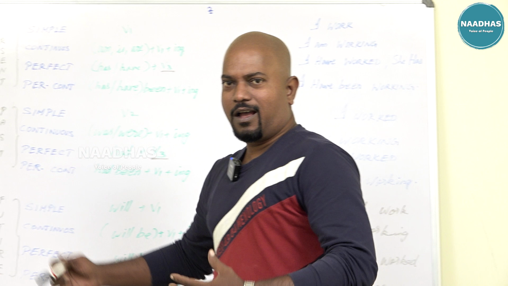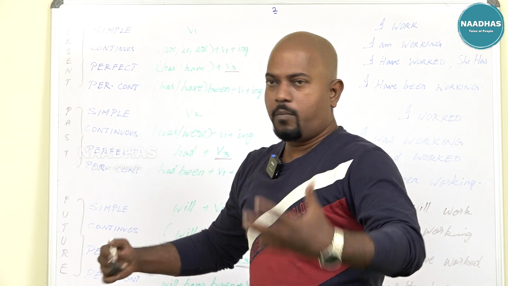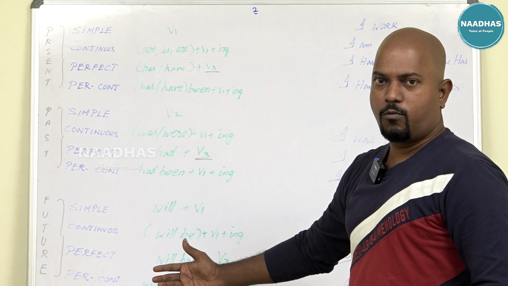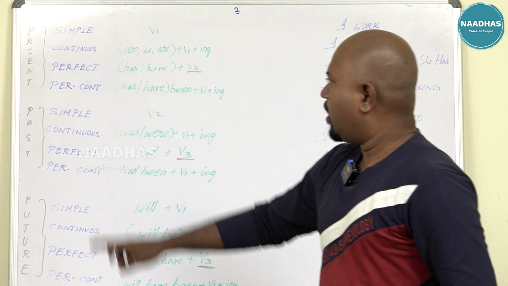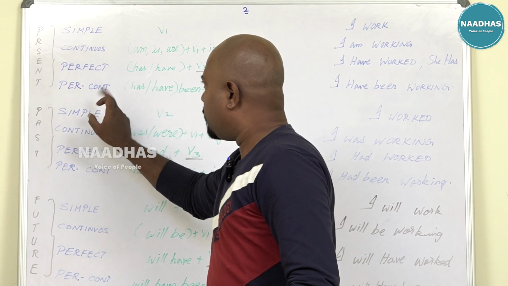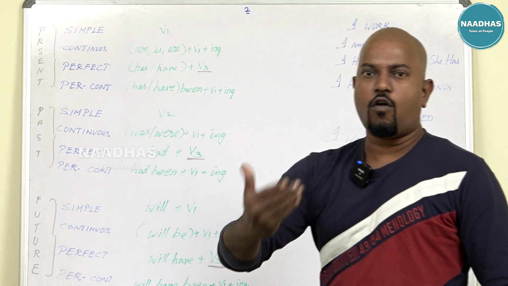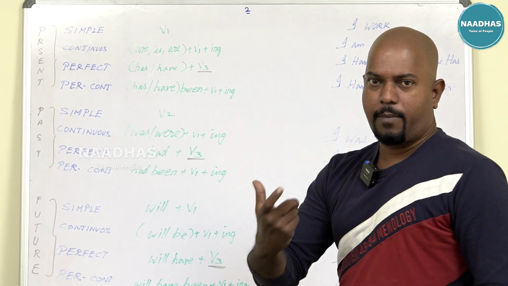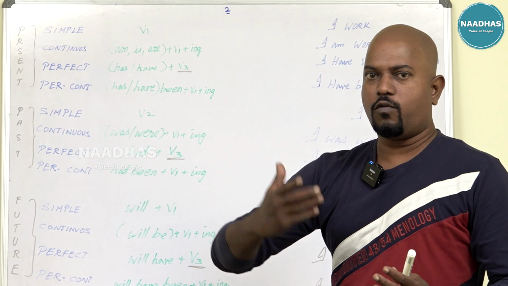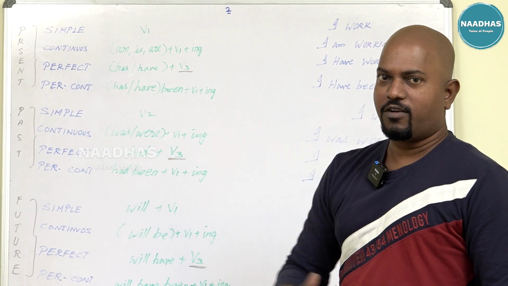So present, you can focus on the board because I have made it with all the 12 tenses, which will be easier for you to understand. So present: simple, continuous, perfect, perfect continuous. We have a certain formula, a pattern which is easier for you to understand and to frame the sentences, all right? Fine.